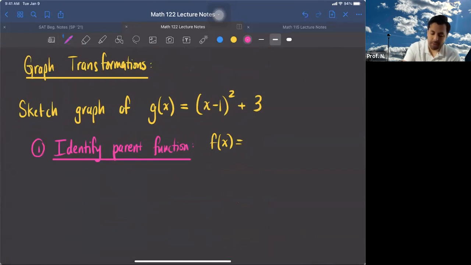So this is a power function. Does anybody know the specific exponent that's associated with this? What's the only exponent that we have here for g of x?